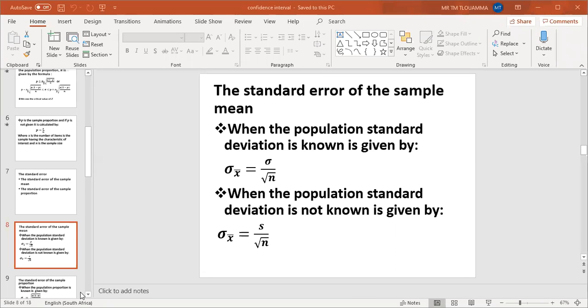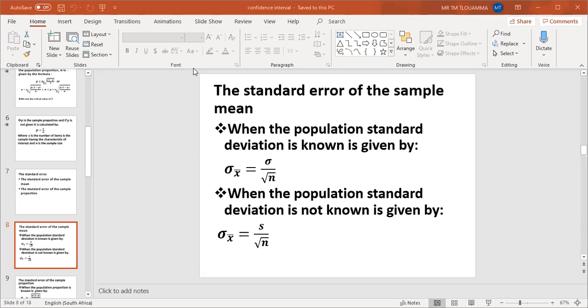Okay, now we're moving to the standard error of the sample proportion. Guys, you must always listen to what the statement is saying, because the formulas might be confusing, or you might fail to answer the question because of the English that they use.